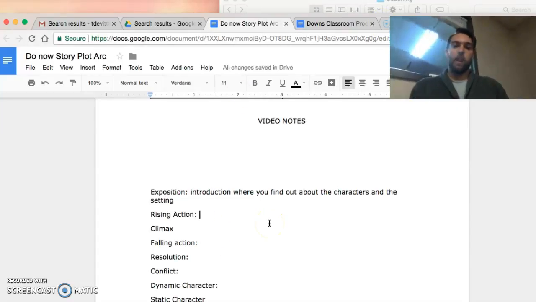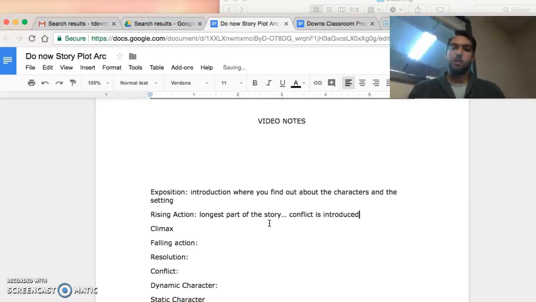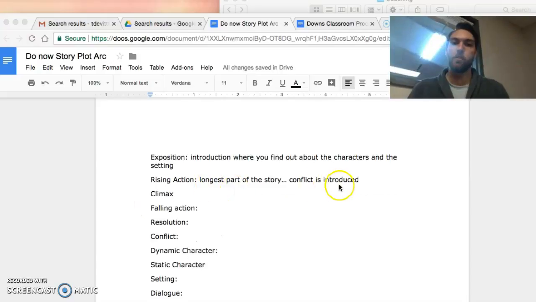And within the rising action, this is the longest part of the story, and it's also where the conflict, or the problem (another word for conflict), is first introduced.